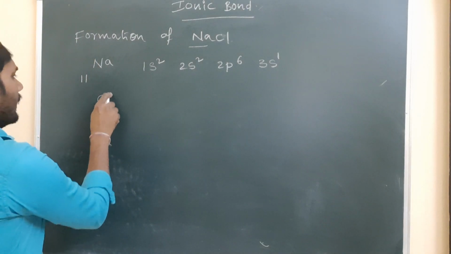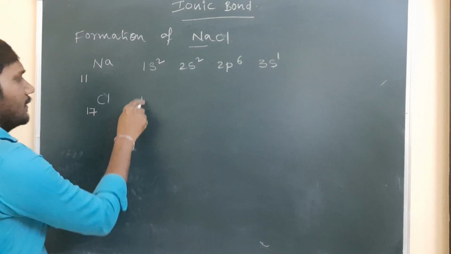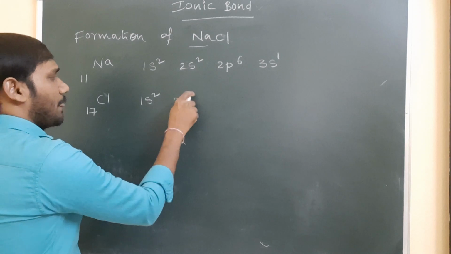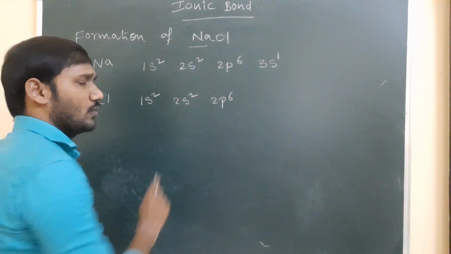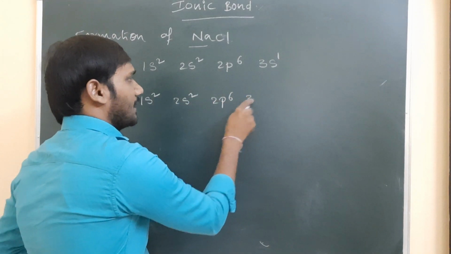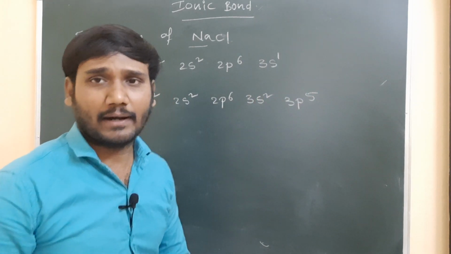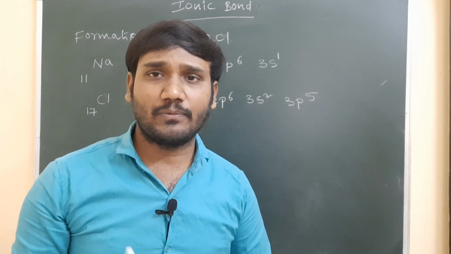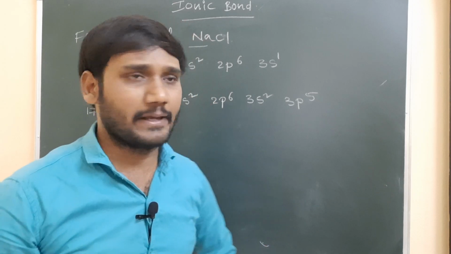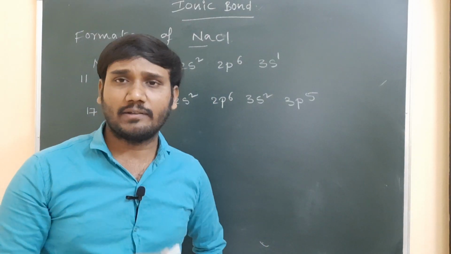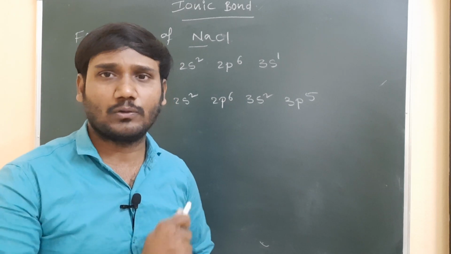And the next one, chlorine, atomic number 17, electronic configuration 1s2, 2s2, 2p6 and 3s2, 3p5. This is the chlorine electronic configuration.